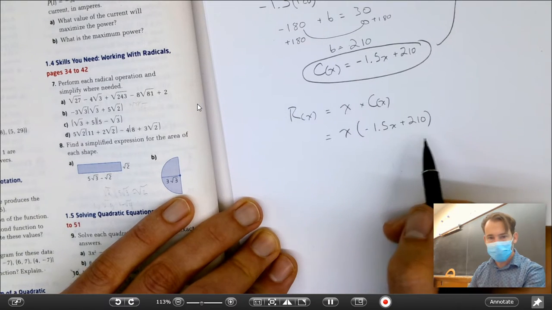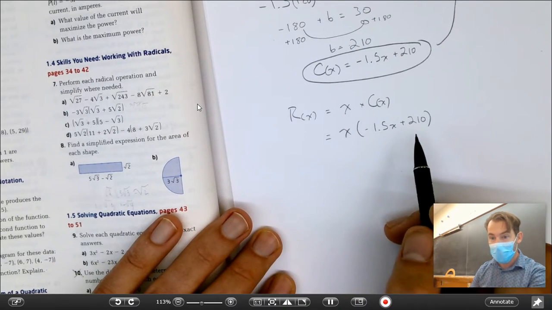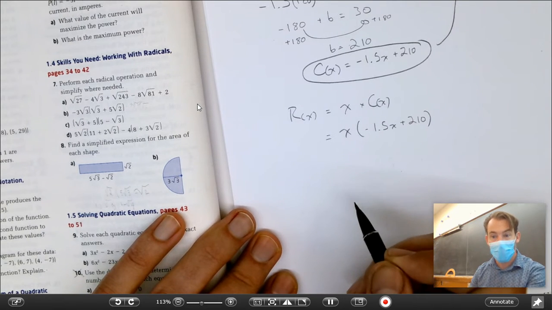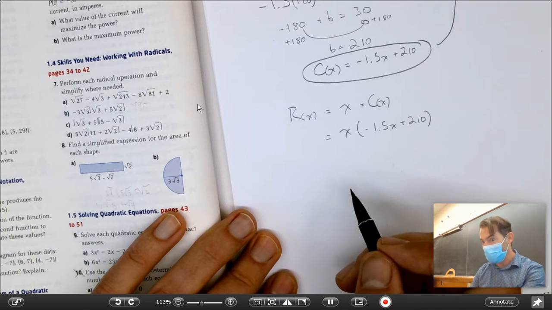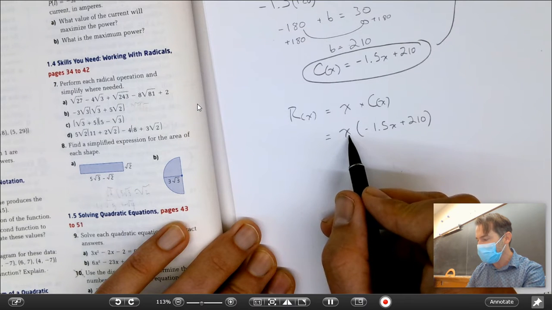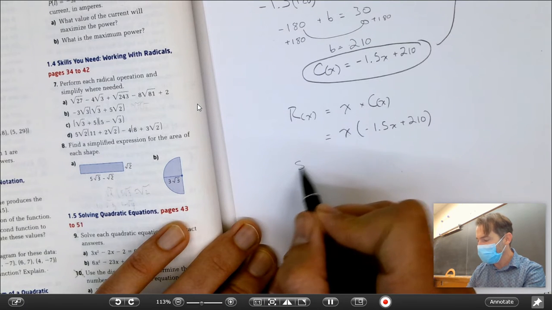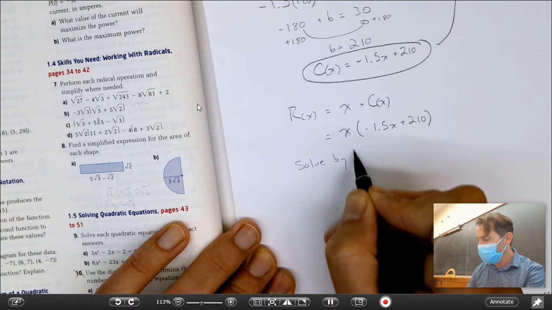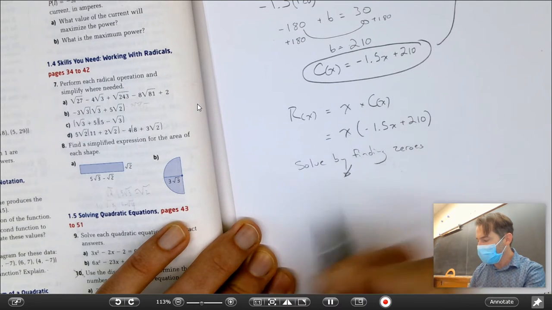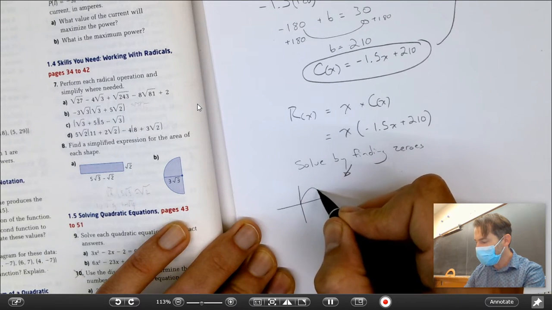Now, we have this function already in factored form. So we could use that to find the two zeros, and then we know that the maximum value is going to be right in between those zeros. This is one method that we could solve this question. So if I solve by finding zeros, then what I'm saying is I know that this is a parabola and it opens downwards like this.